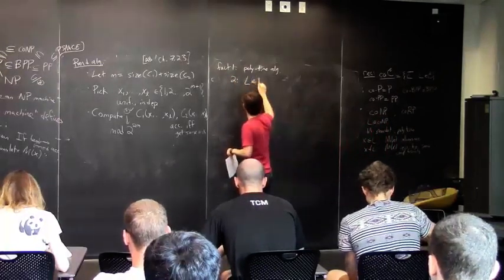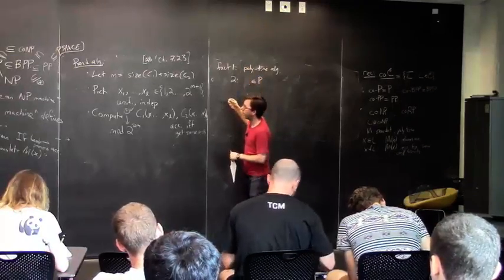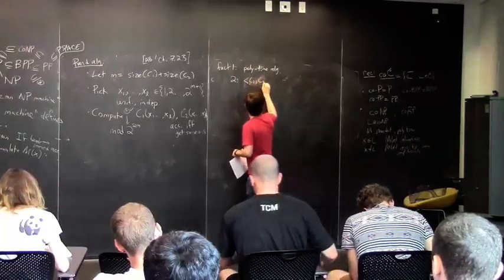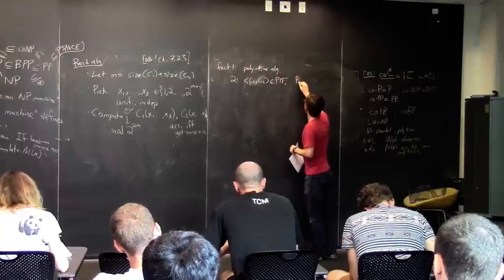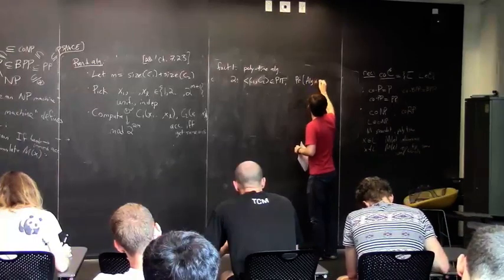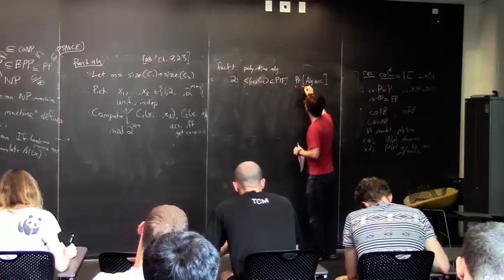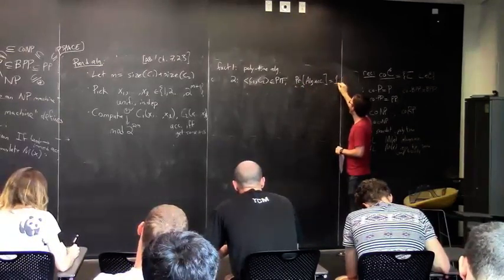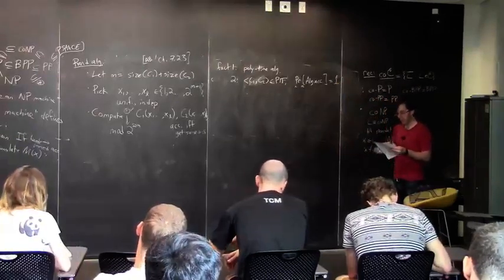If the input C1, C2 is in the language PIT, then the probability that the algorithm accepts, this is over the choice of x1 through xl, that's the randomness the algorithm uses, is 1. Because if they really are identical, then of course it'll get the same results.